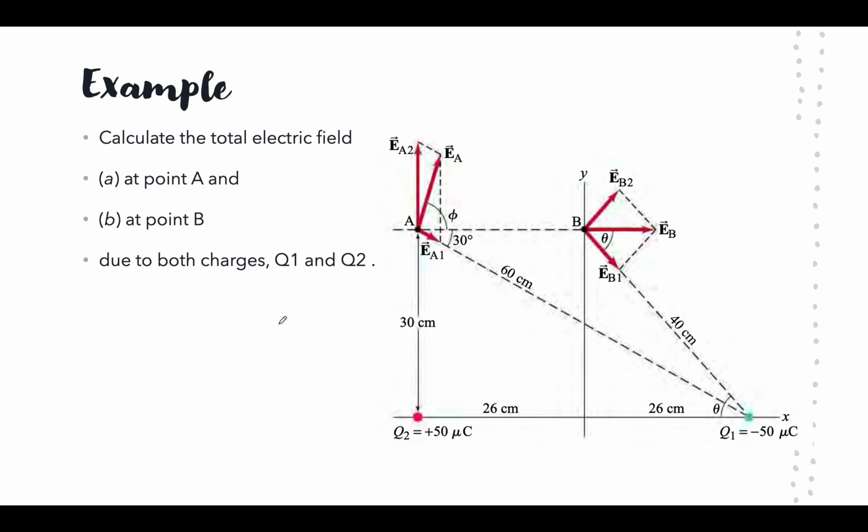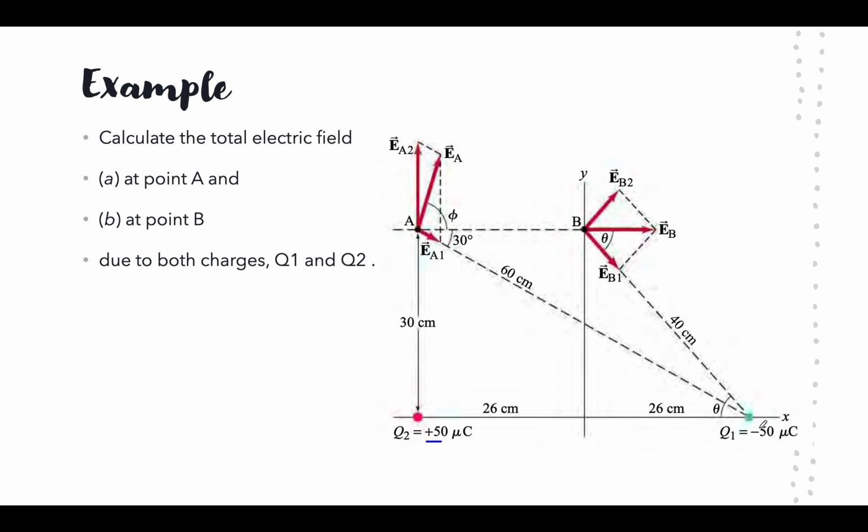All right, welcome back. Well, let's first calculate the field at point A. At point A, we have a field due to Q2, which is positive, right? Q2 is positive 50, which means that it's going to be a repulsion field directly up, in the same line of action.